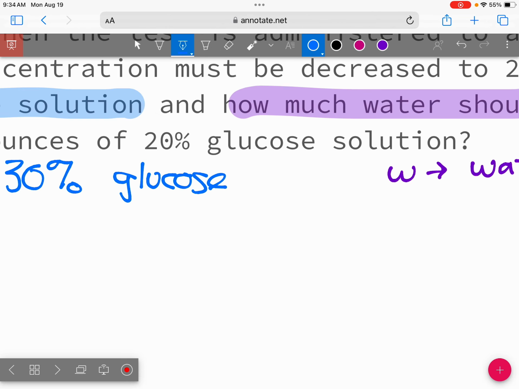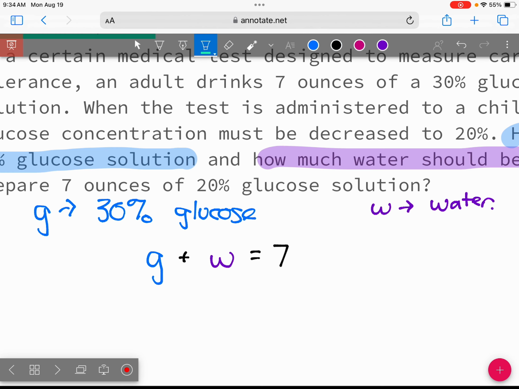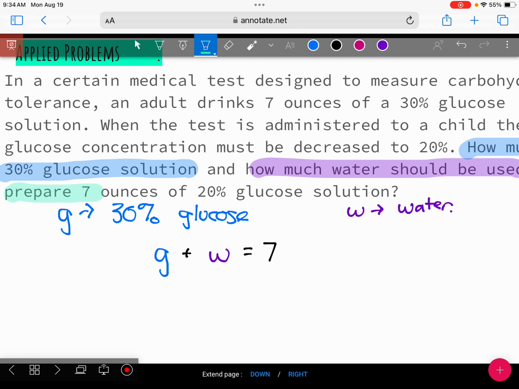So combined together, the total number of ounces, we should have our glucose, however many ounces of glucose, and however many ounces of water equals 7 ounces. So that gives me this piece, the 7 ounces.